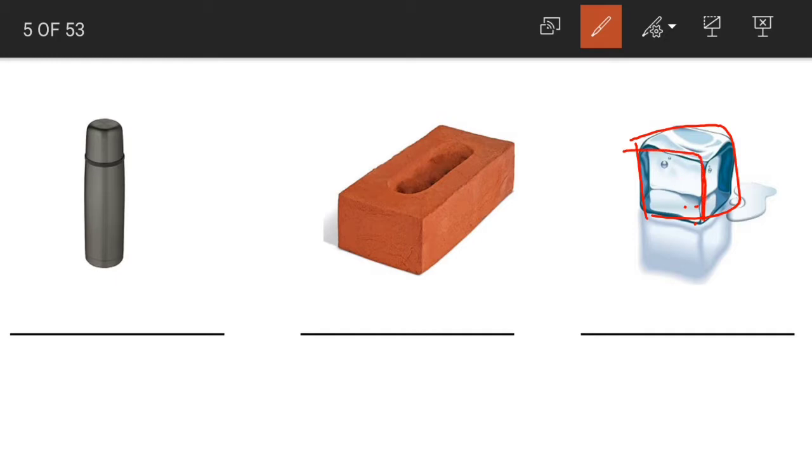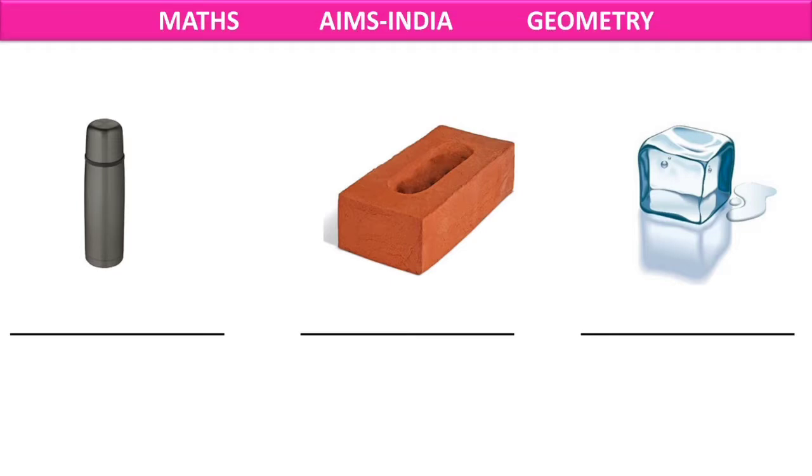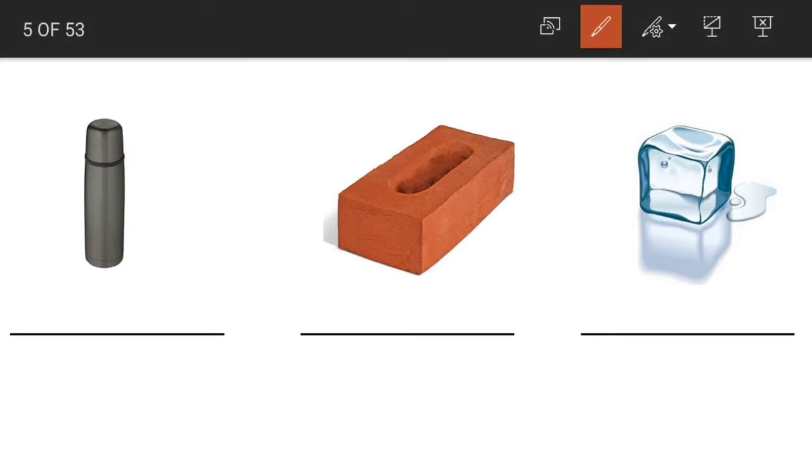That means it is in the shape of a cube. Compare that object's shape with our ice cube. If it is in the same shape, it will be a cube, else it will be a cuboid. Or else we have a Rubik's cube also. Do you know what a Rubik's cube is? It is in the shape of a cube and you'll have colors like this.